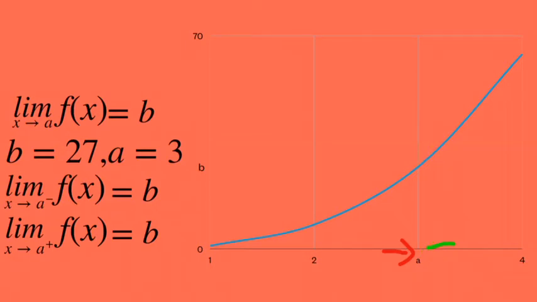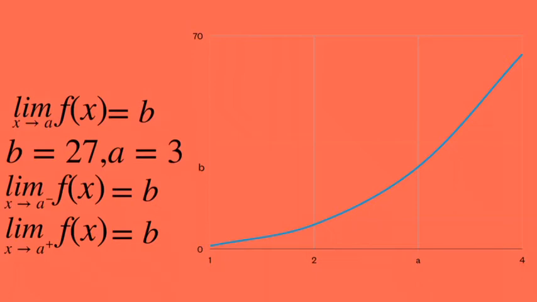So in this case, f of x equals its g of x. You can think of g of x as being a sort of property of f of x, or the limit of f of x as x approaches a. g of a would be the answer.